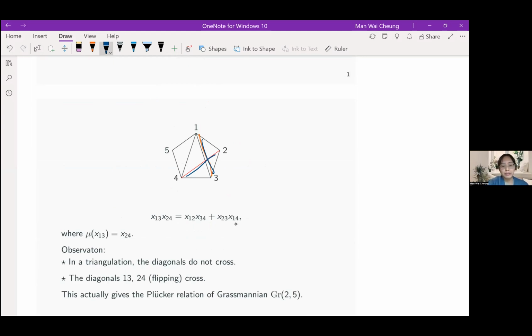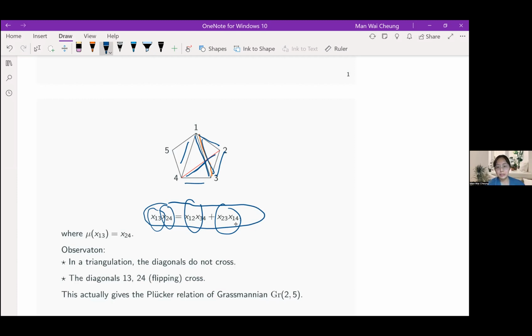That gives us the exchange relation: here we flip the original variable x13 and get x24, and the right-hand side is labeled by the sides of the 4-gon.